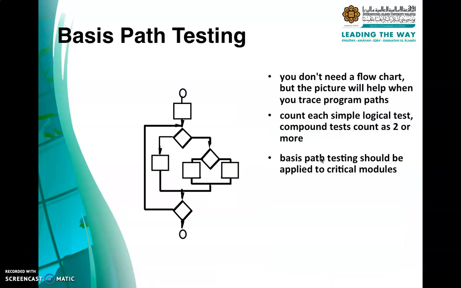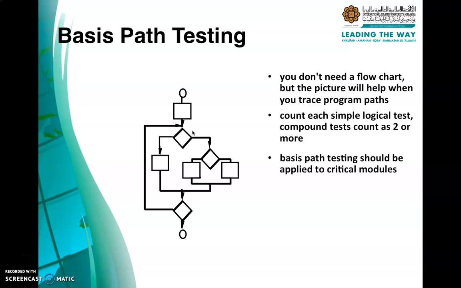Actually, we don't need a flow chart, but a picture will help you trace a program path, because basis path testing is quite taxing. If we have a huge module with lots of control structures, lots of if else statements, for loops, do while loops, white box testing can to a certain extent be complex.